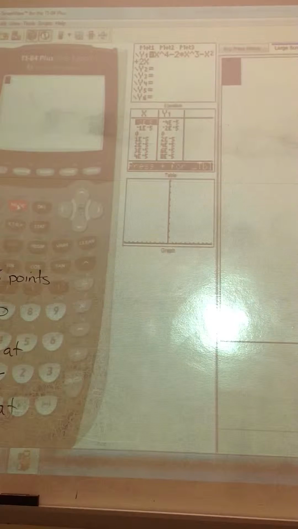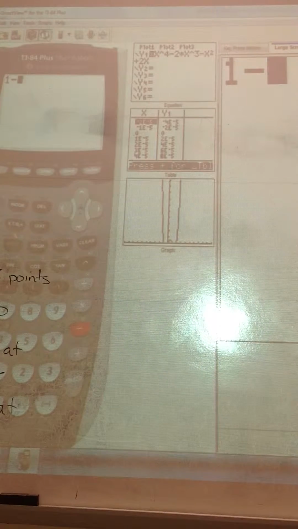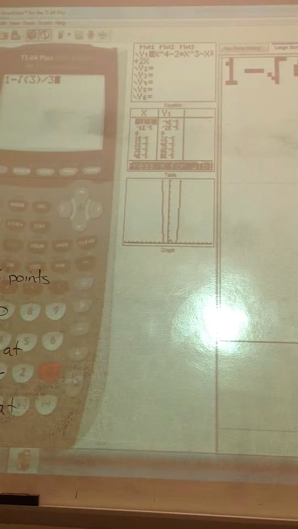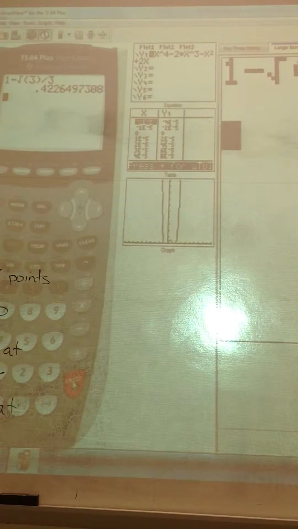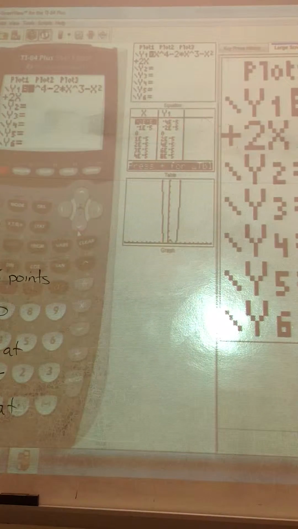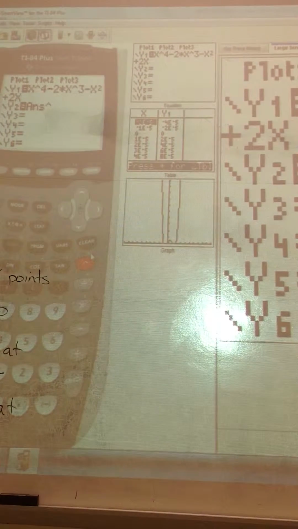Why don't I take 1 minus root 3 over 3. Okay, and then I should be able to go up here and do answer cubed.